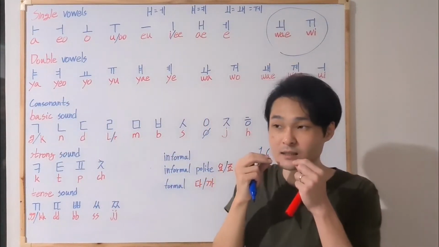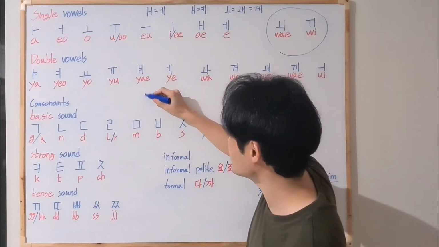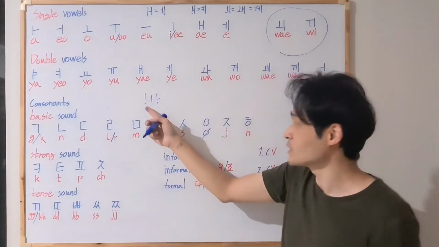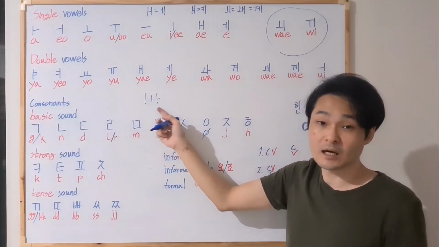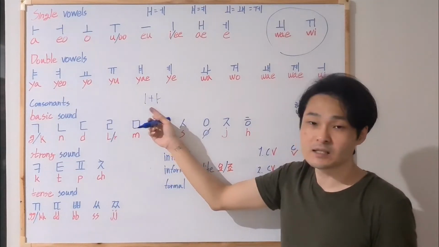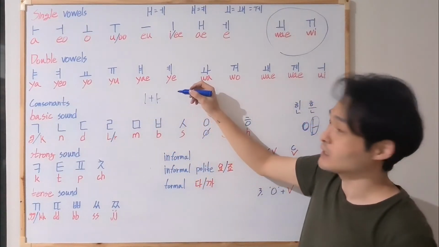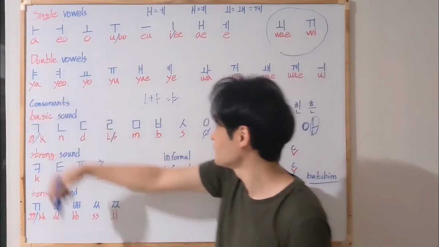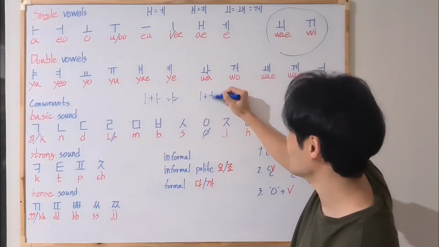야. 자, for example, consonant 이 plus 아. 자, 이야. 자, let's try fast. 이야, 야. Same. 이어.